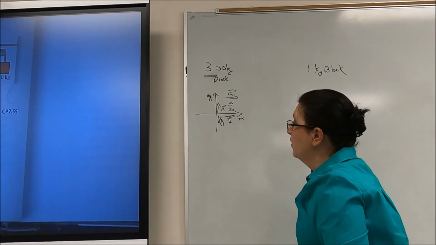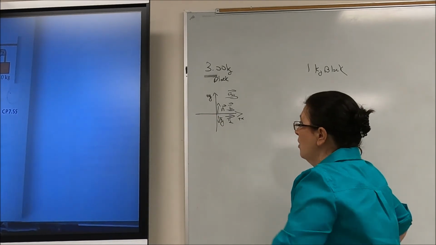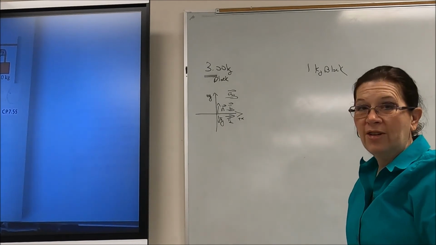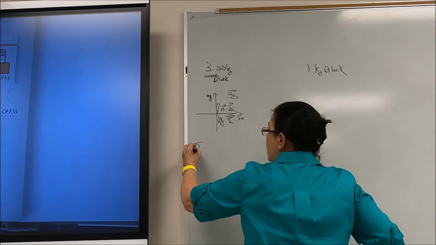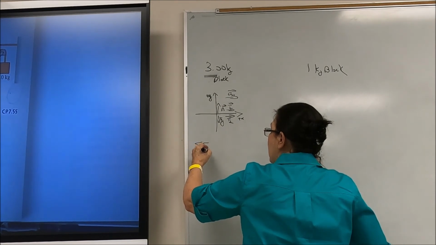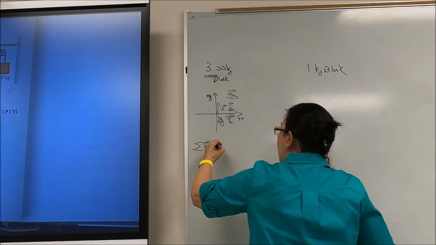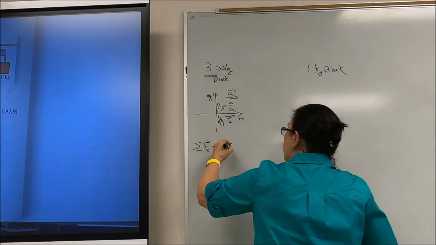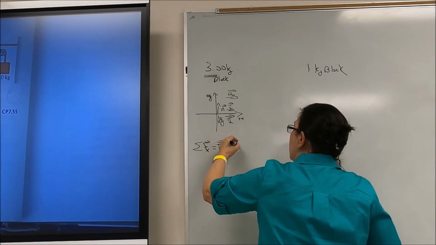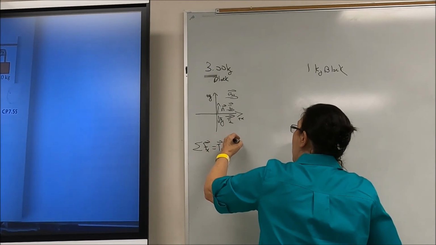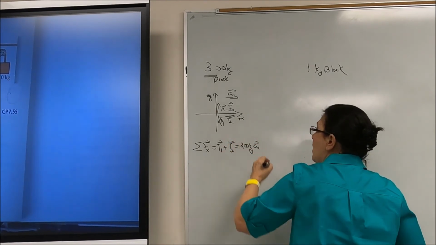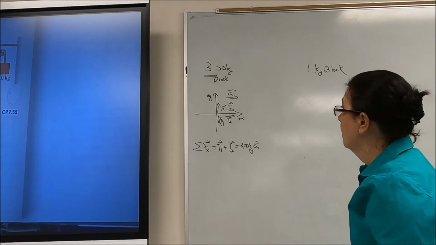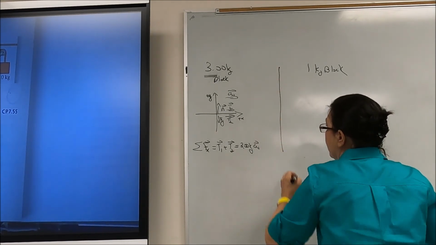Okay? Now, there is no friction, so I'm not going to worry about the sum of the forces in the Y direction. But if I look at the sum of the forces in the X direction, I have T1 plus T2 has to equal the mass, which is 3 kilograms, times A1. Okay?